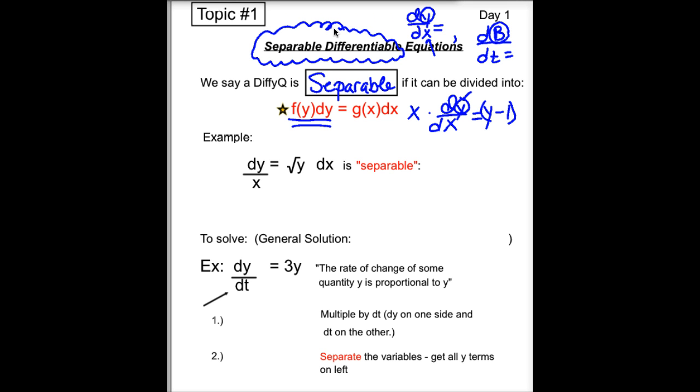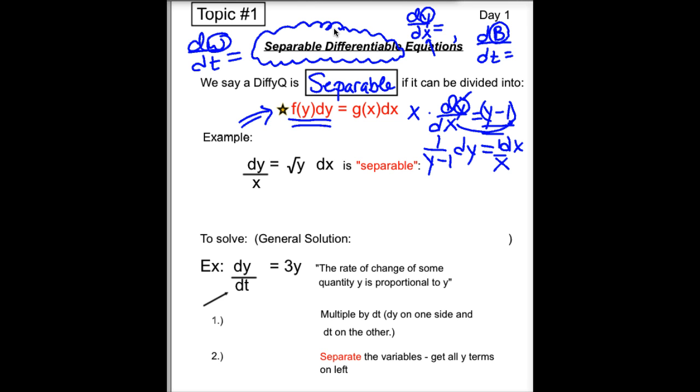Or if it was like dw/dt equals, I need everything with my w's over on the left, everything with my t's over on the right. To do that, I just manipulate. I divide by this to move it over. I'm going to multiply by dx to move it over, and then I'd have to divide by x to move it over. And now I've done what's called separating the variables.